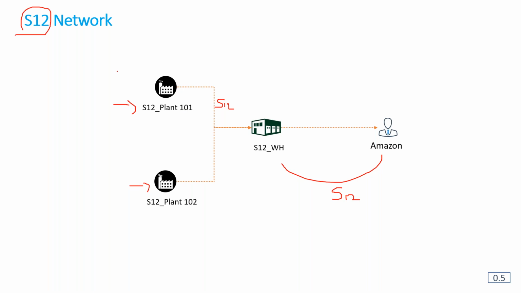We also maintain the resources R1, R2. We can also maintain a storage resource at a warehouse, and also a handling resource called H1. Once we are done with the resource master data, we have to extend the resources to locations: extend R1 resource to plant 101, extend R2 to plant 102.